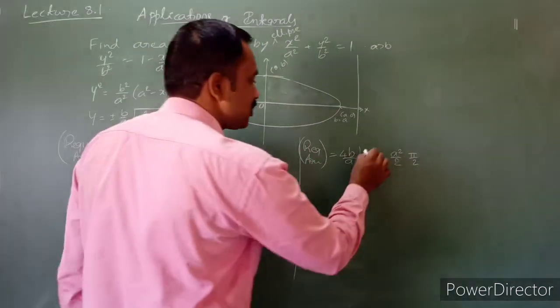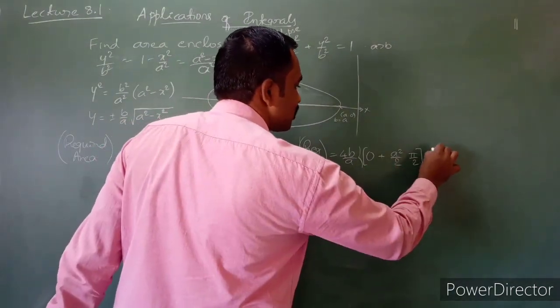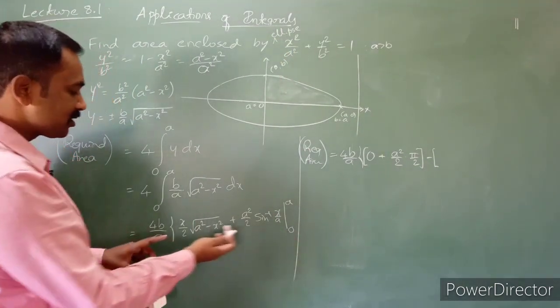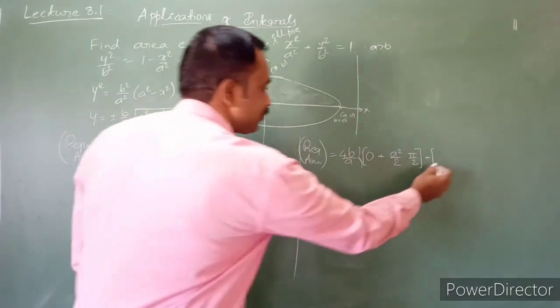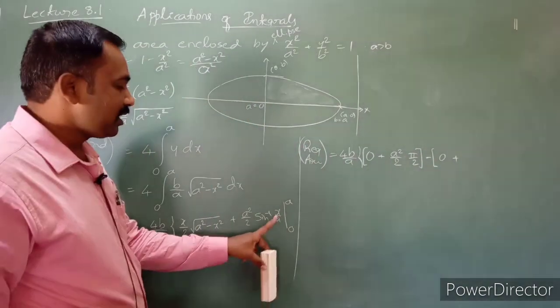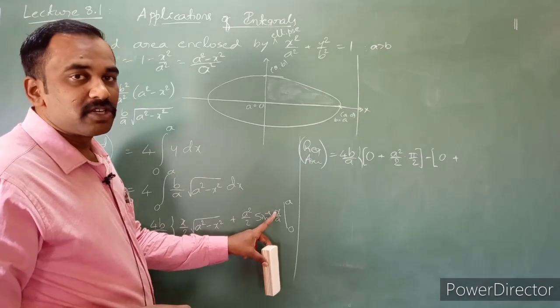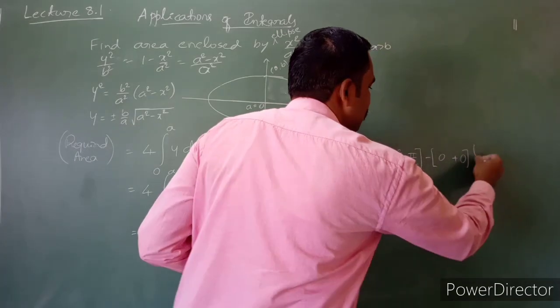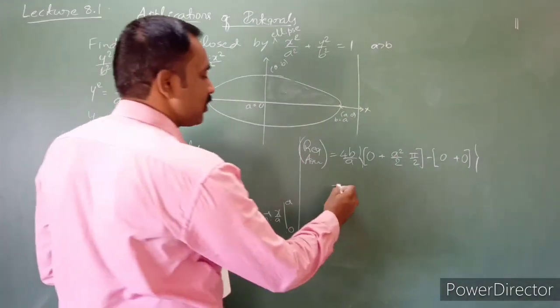Next, upper limit is over, minus lower limit. x value is 0, wherever x is there replace with 0, this whole term is 0, plus sin inverse of 0 by any number is 0, sin inverse of 0 is 0, this whole term is 0. Now complete, simplify.